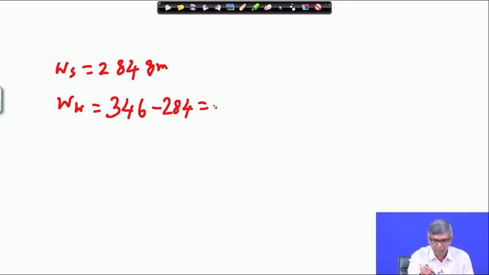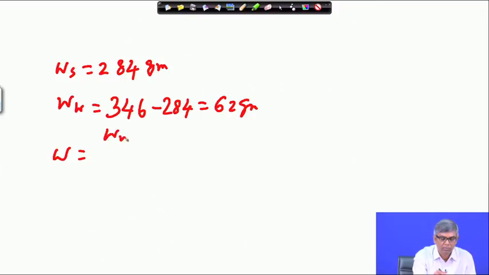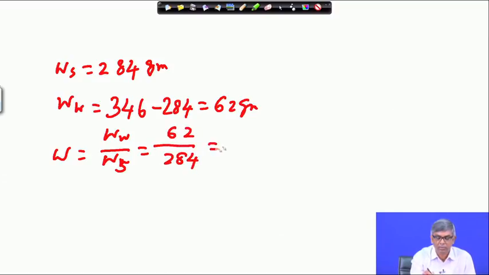So, that gives you 62 grams. And then water content by definition is Ww by Ws, that becomes 62 by 284. So, that becomes 0.218.